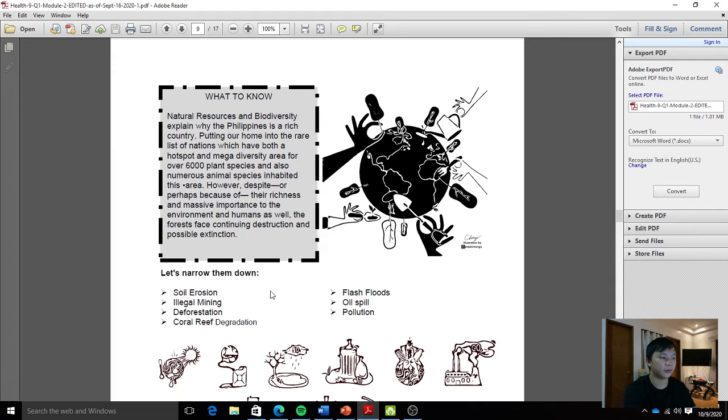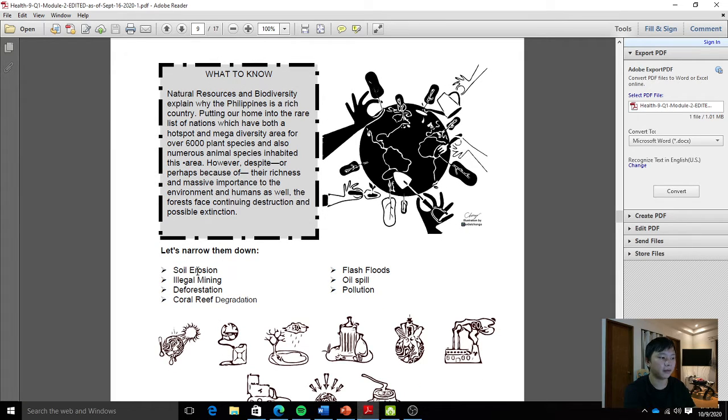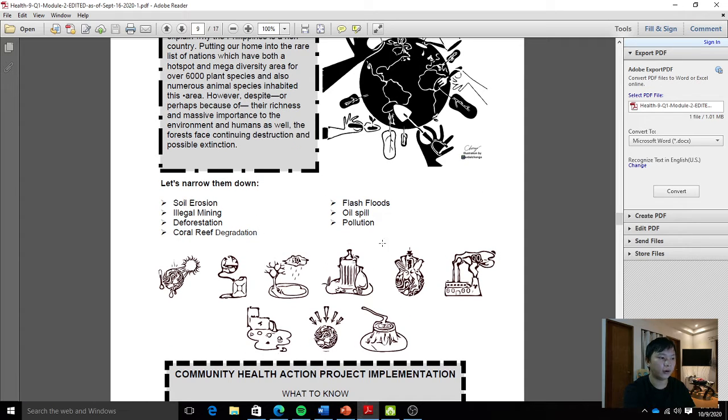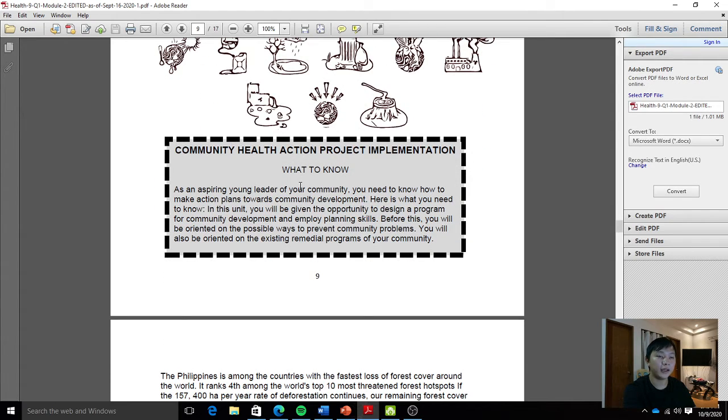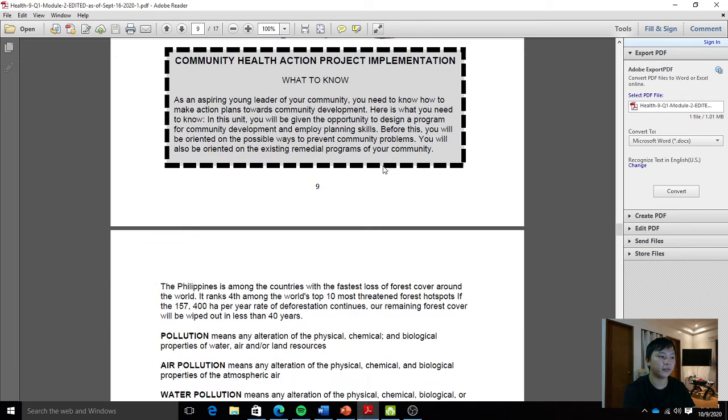So we have discussed the following already. Let's narrow down into different problems: soil erosion, illegal mining, deforestation, coral reef degradation, flash flood, oil pollution, oil spill, and pollution. So we have the community health action project implementation.